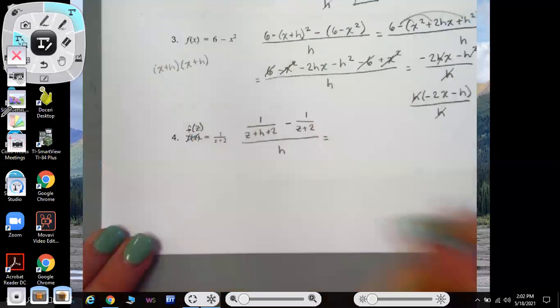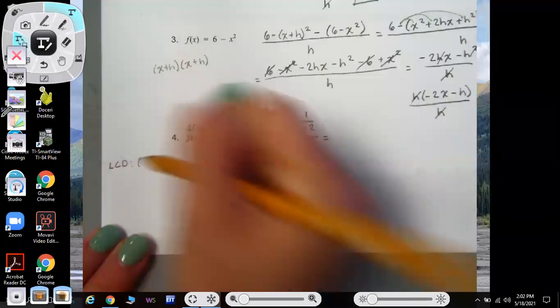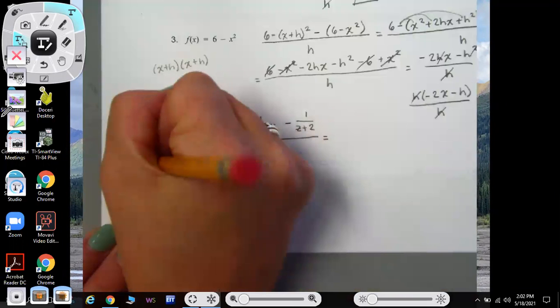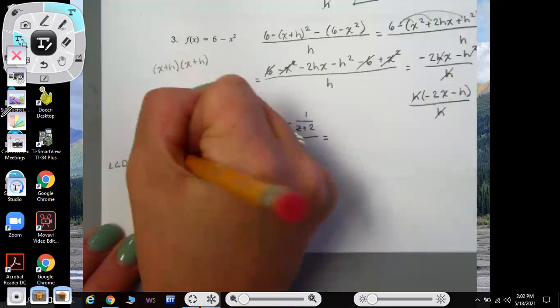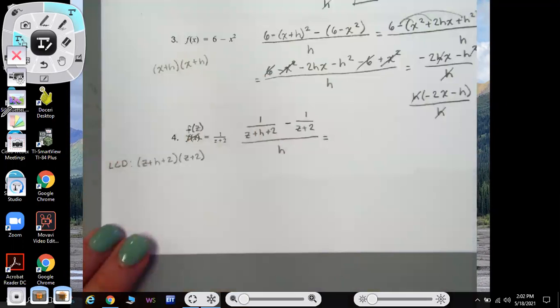So let me use some of this space to do some scratch work. Least common denominator is just a combination of these two denominators, z plus h plus 2 times z plus 2. So in order to make these fractions have that denominator, we're going to have to multiply these fractions by something.